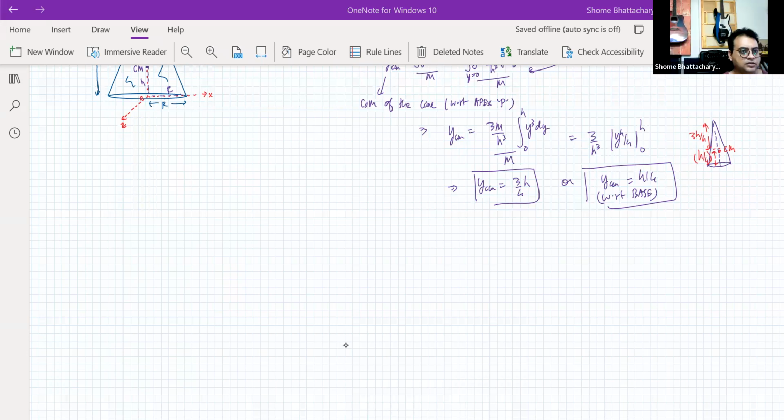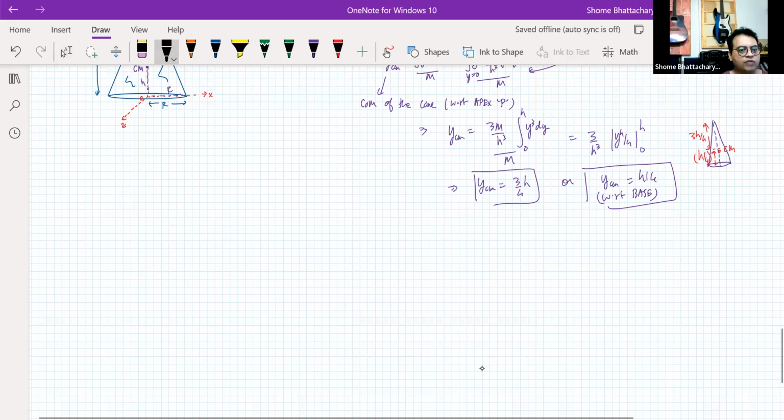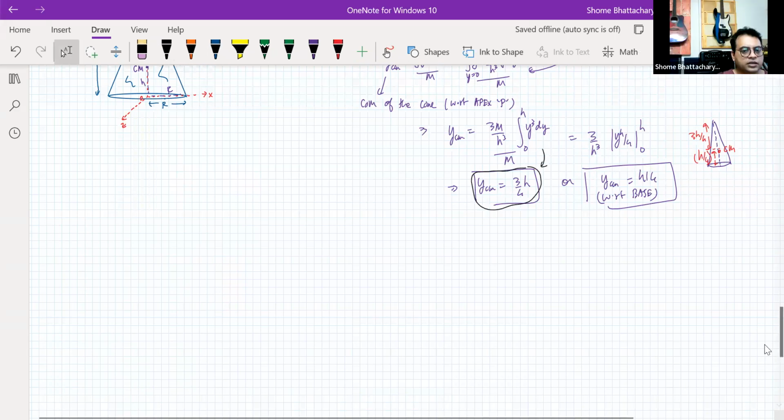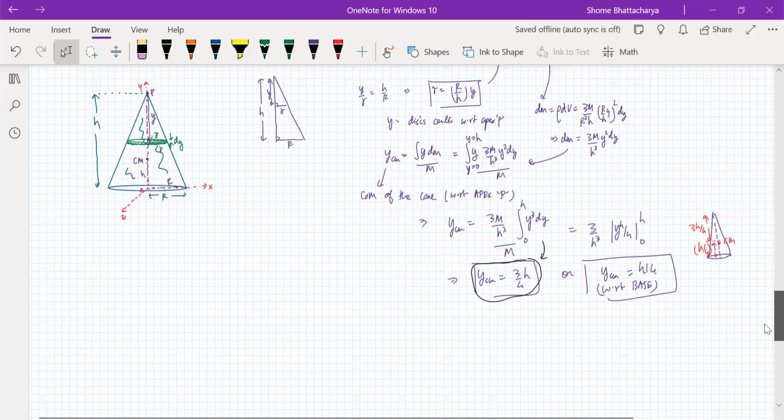Because see, this has come from this integration. In this integration, what we have taken as y is over here. This result has come from this integration actually. In this integration, remember what was small y? It was the distance of the ring or the disk from the apex. So therefore, the reference was which point?